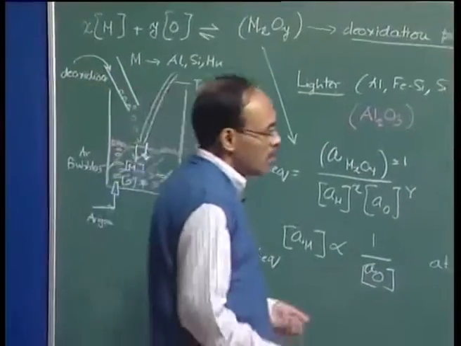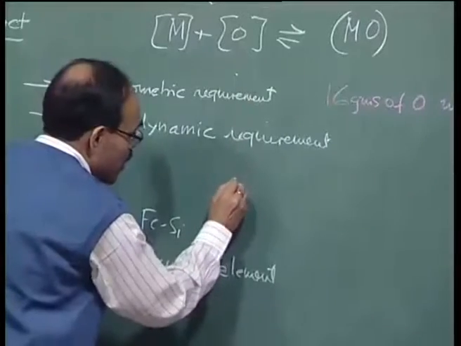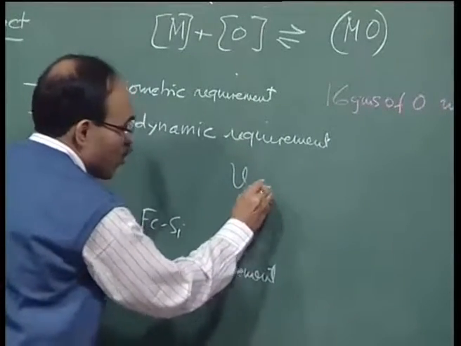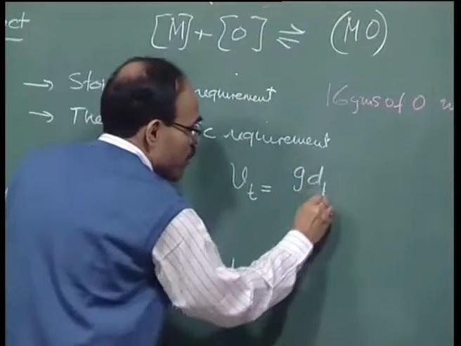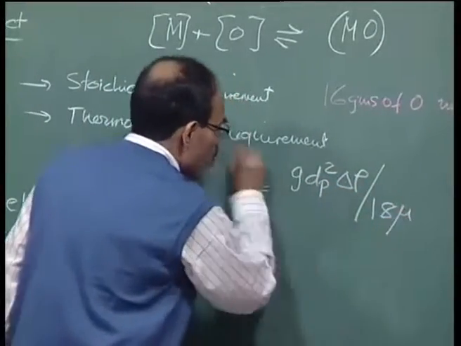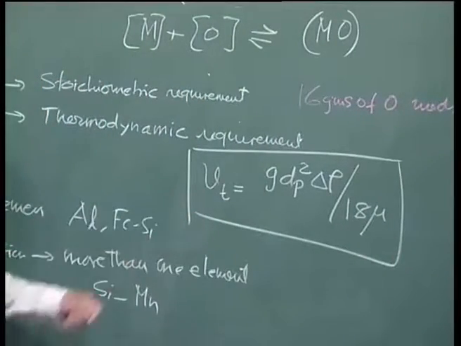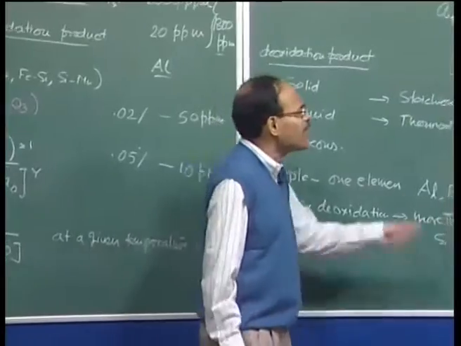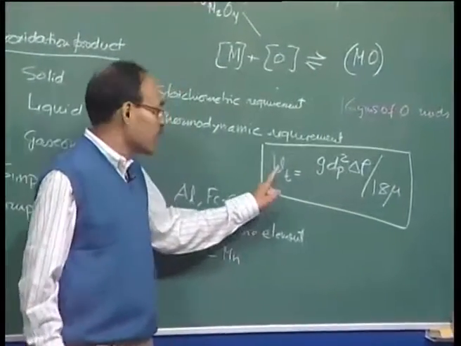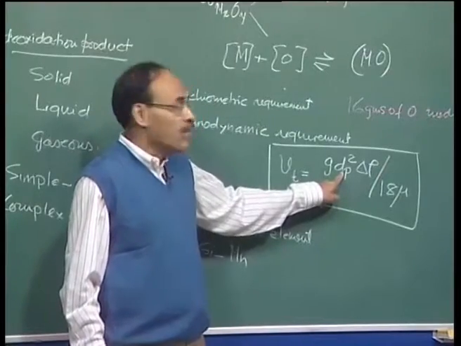We can use the Stokes settling velocity or rising velocity, and we can say that the terminal rise velocity is g times the particle diameter squared times delta rho divided by 18 mu. I am not saying that this equation holds good all the time or for all size ranges, but it gives us some idea and tells us that the rise velocity is directly proportional to the square of the diameter.